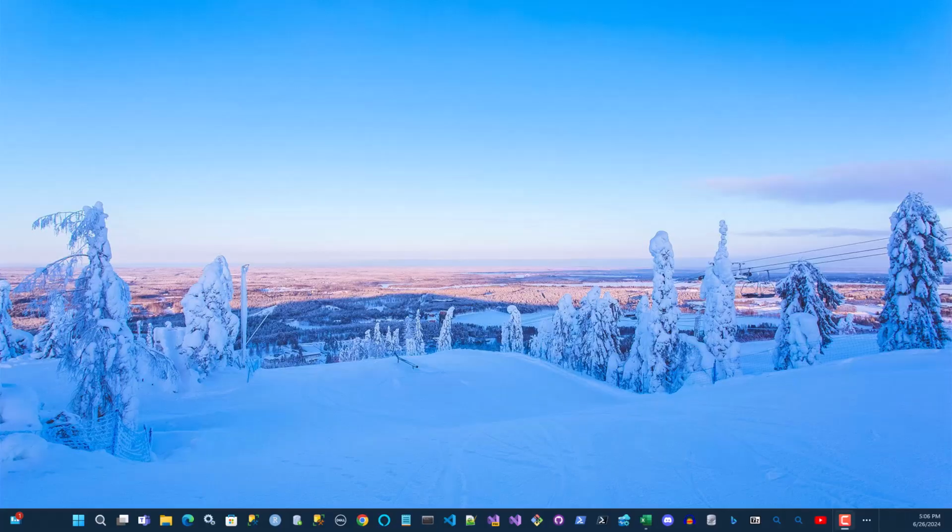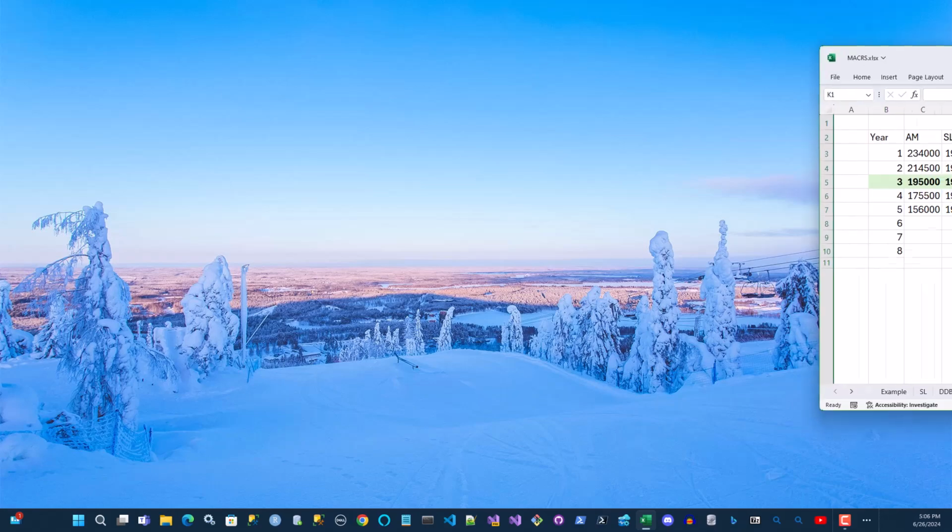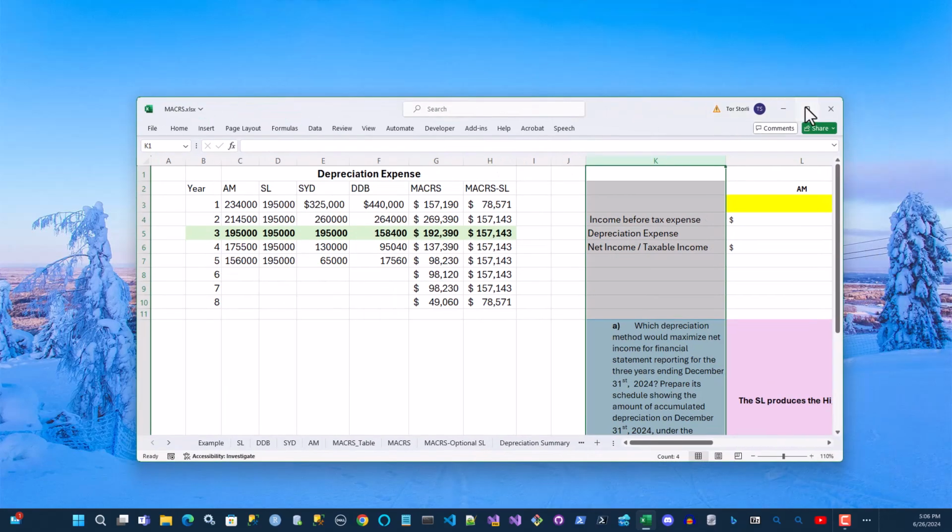Okay, before we start looking at the actual VS Code formulas, let's just take a quick second here and take a look at what the answers would be for those questions that we had in our example. So here is our example. Let me bring it up so you can see it.